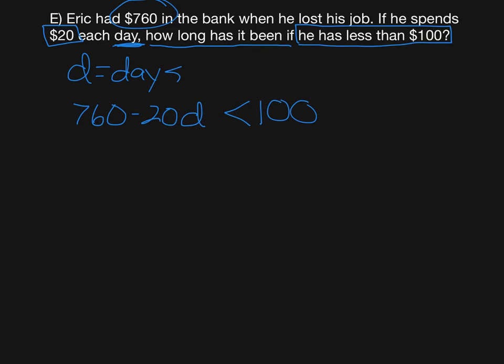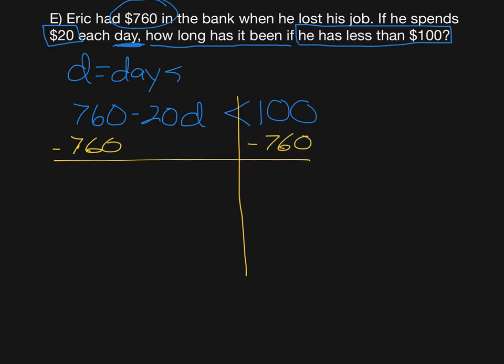So now we have to solve this. We'll draw our line. We're going to subtract 760 to start our problem because that's a positive 760. And if we subtract it, that'll give us 0. So now we have negative 20D left is less than negative 660.